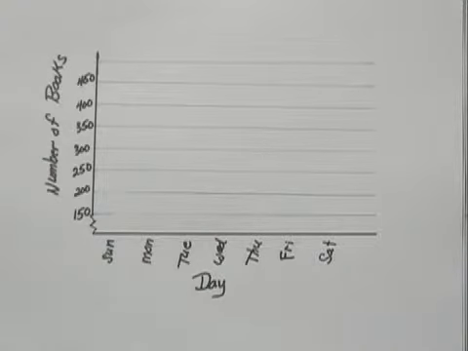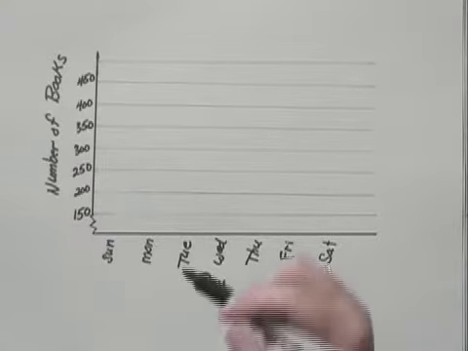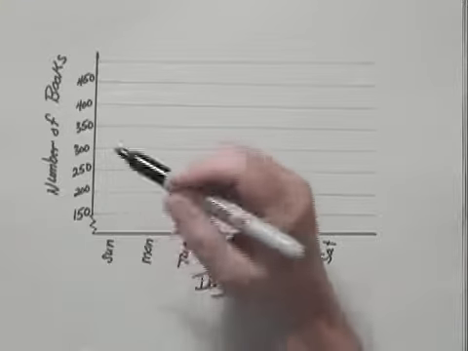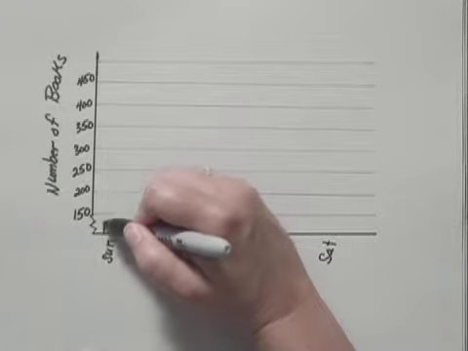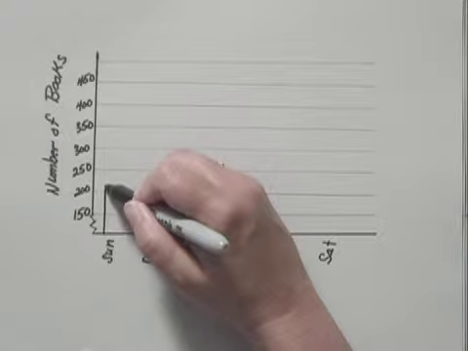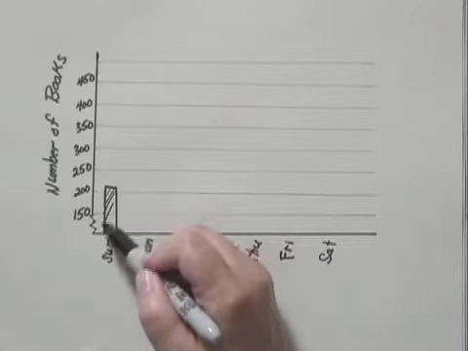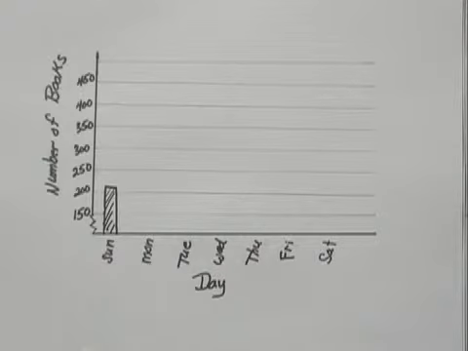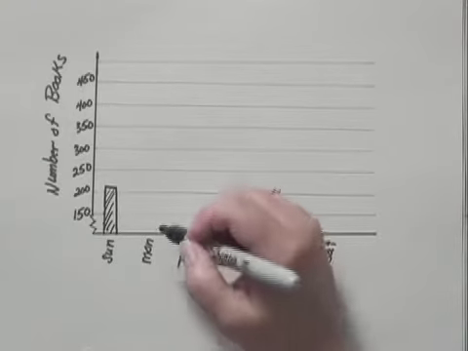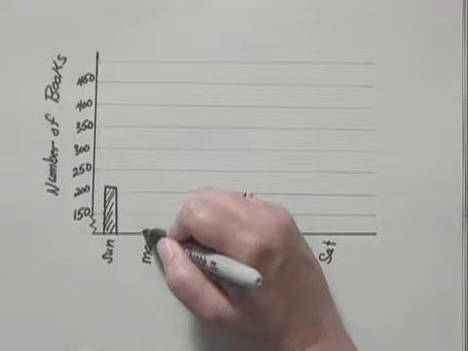So looking at the table, we can see that on Sunday we have 210 books. So now we can make a vertical bar from Sunday going up just past 200. And this is going to be approximate because we don't have a line right there, but somewhere around 210. On Monday there were 160, so I want to go just past the 150 mark.